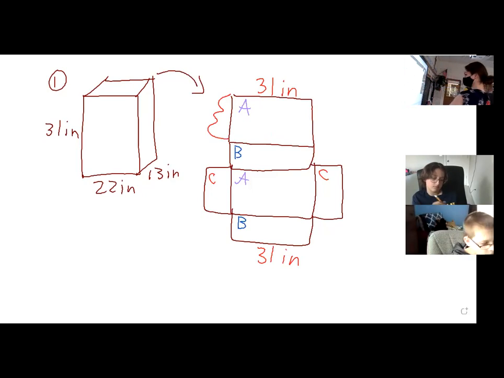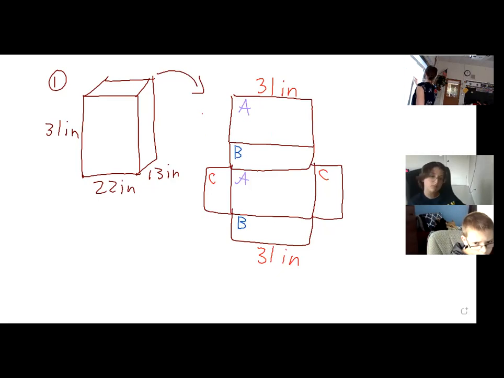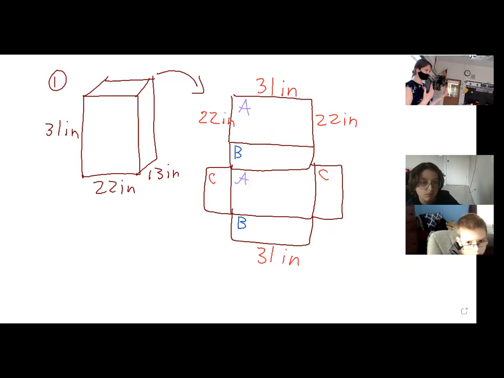All right, what would you label this side to be? What do you think? 22? Okay, yeah, 22. So if this is 22 inches, what would this side over here be? It would be 22 as well, right? Because opposite sides in a rectangle are congruent, they're the same, yes.